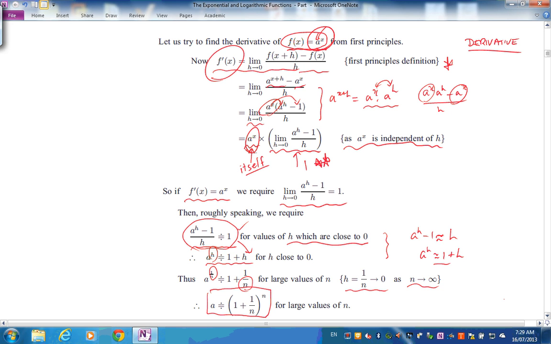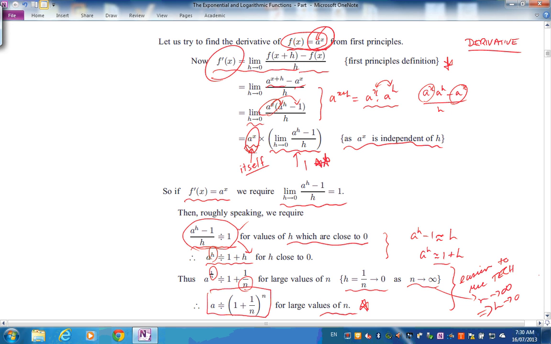To make this limit be 1 as h tends to naught, a would have to be approximately 1 plus 1 on n to the n, and n would have to be getting very large. Now, let's not get confused here. Why have we gone to n land? This is easier to investigate with technology. Easier to use technology and put in bigger and bigger n's here. N tending to infinity implies h is tending to naught because h has been replaced by 1 on n.